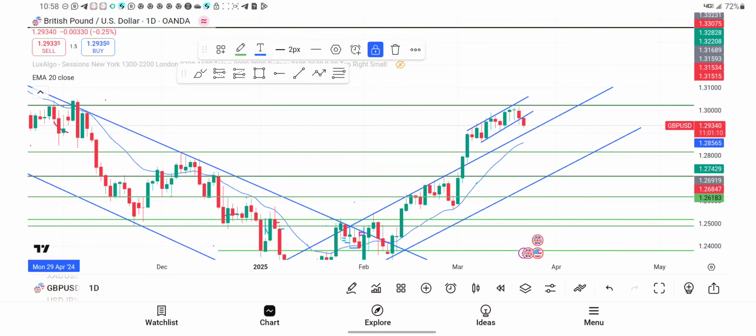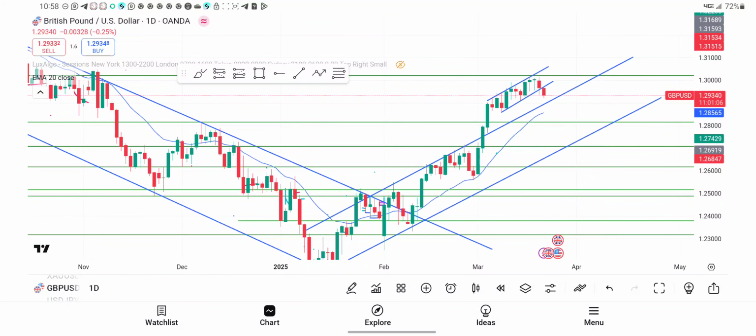that the bulls are losing momentum. Ever since the market broke out of these highs over these levels, we've seen it break out with this particular momentum candle.